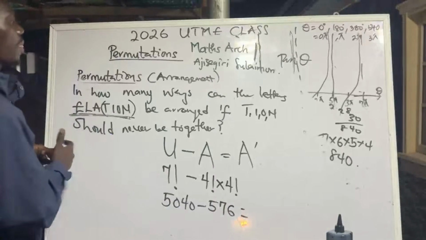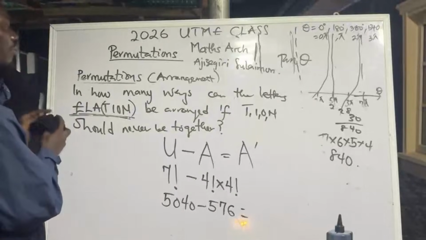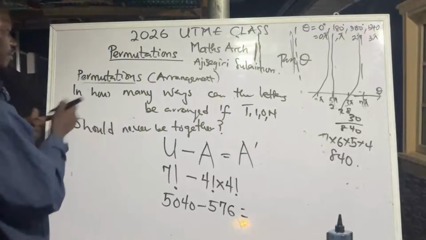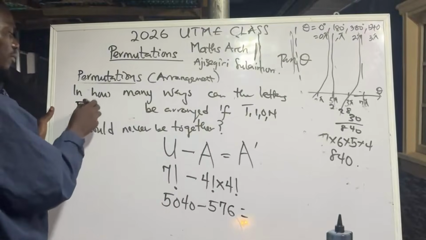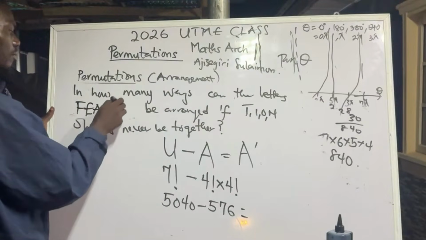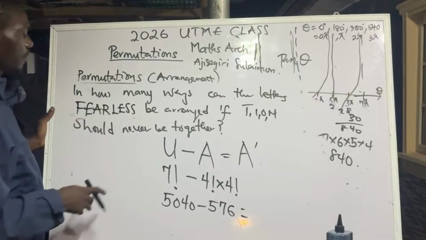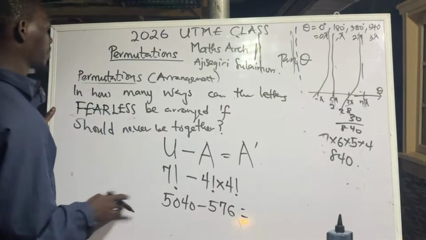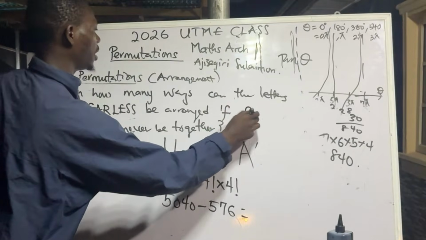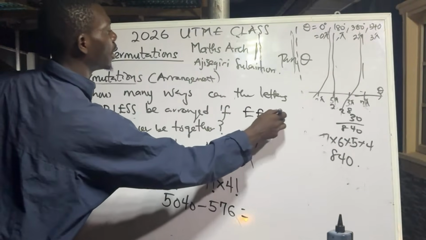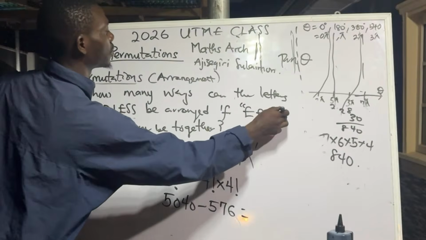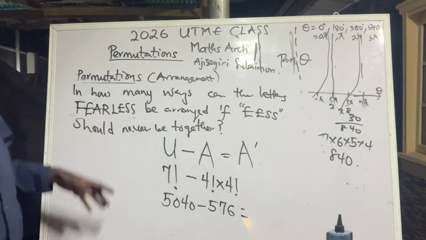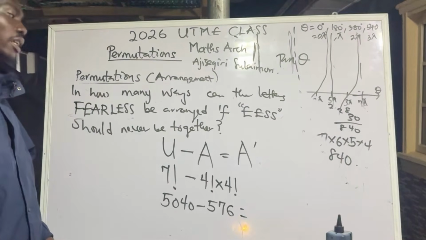Okay? Now, look at this question. In how many ways can the letters of the word fearless be arranged if E and SS should never be together?